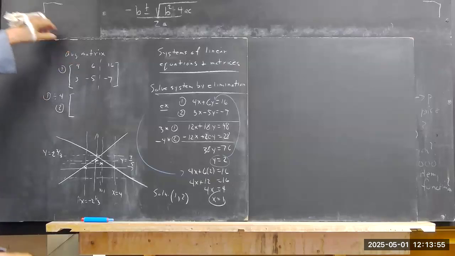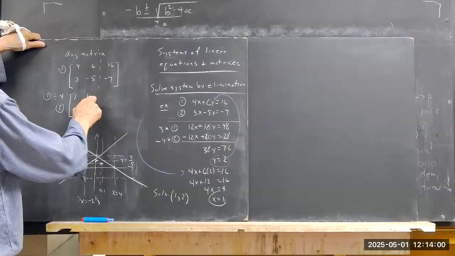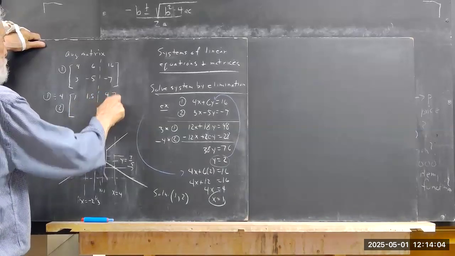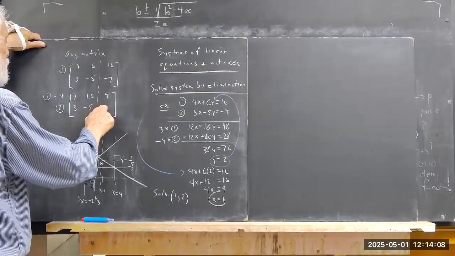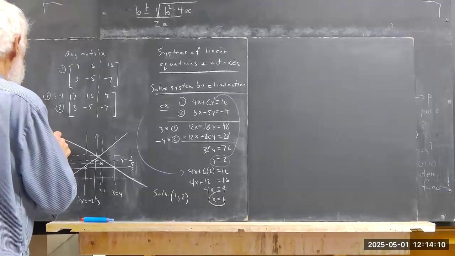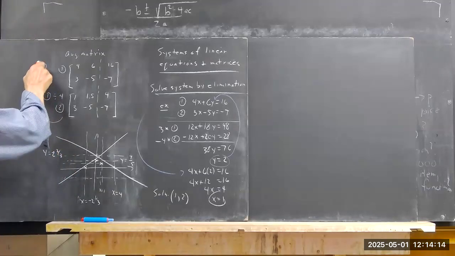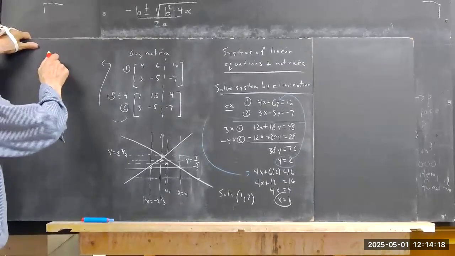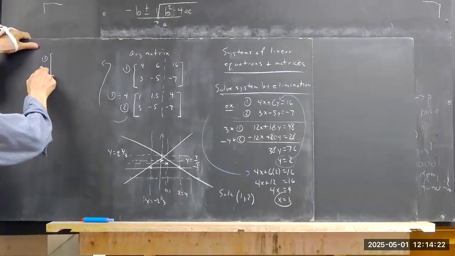I'm going to divide row 1 by 4. That'll give me 1, and I'll use decimals, 1.5 and 4. The second row is 3, -5, -7. Now from here, I'm going to keep row 1.